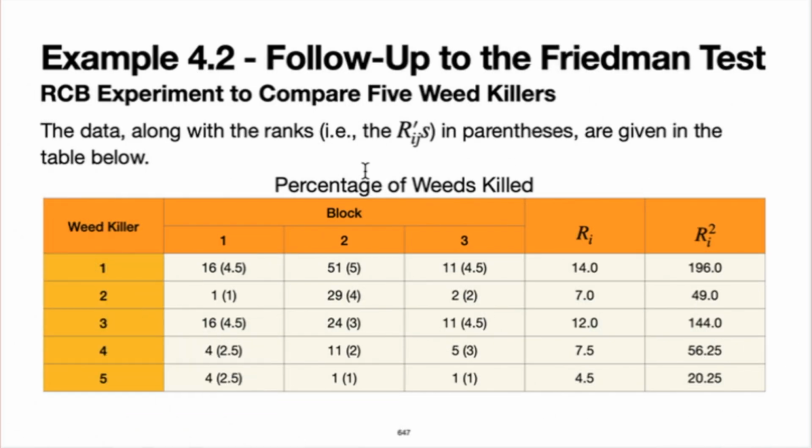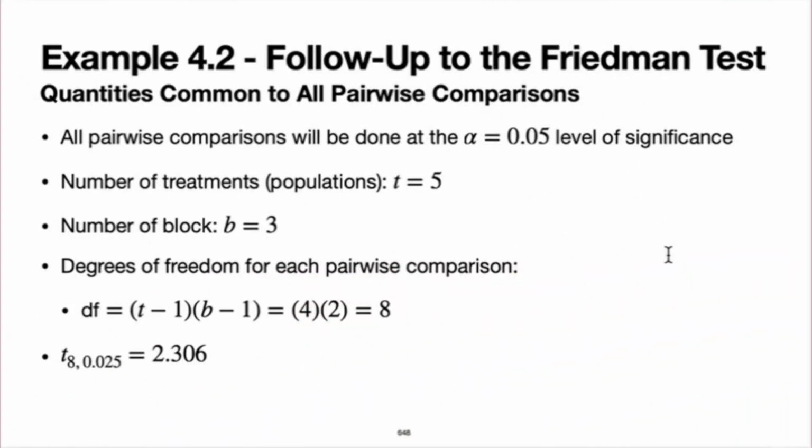So again, I've got the data from the original experiment. And now there are some quantities that are common to all 10 of the pairwise comparisons that we're going to have to make. And so we'll just state those here so we don't have to replicate them for each test. So all pairwise comparisons will be done at a 0.05 level of significance.